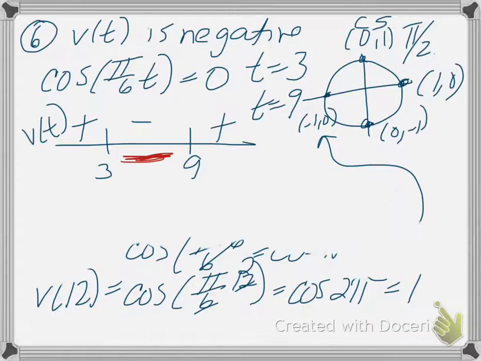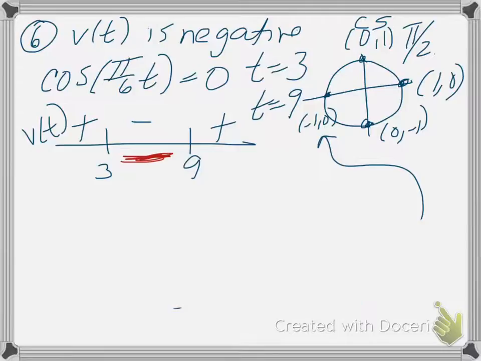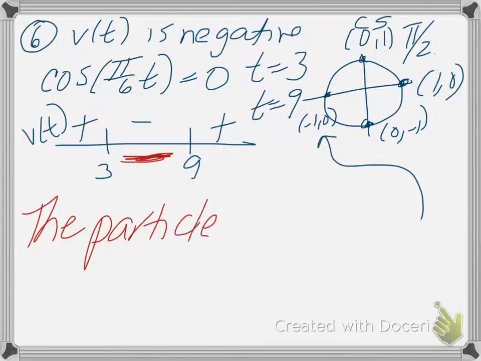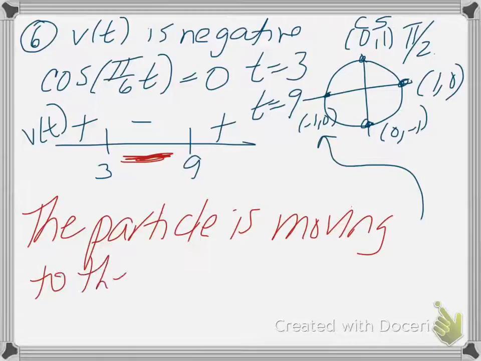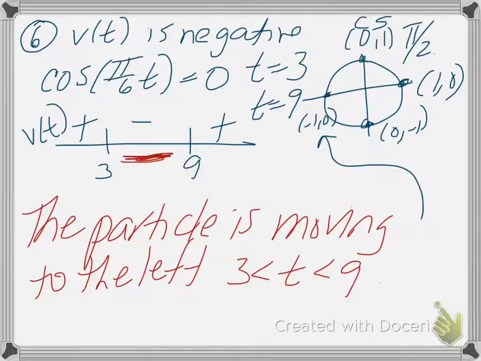So all this work that you showed is good, and then you would write the particle is moving to the left for 3 less than t less than 9, so between 3 and 9, and that's the answer for part A.